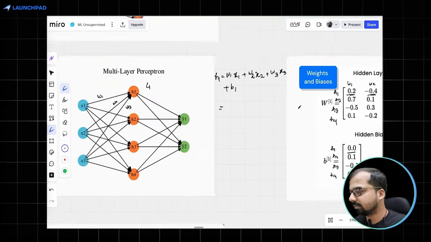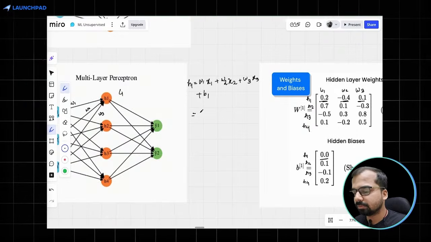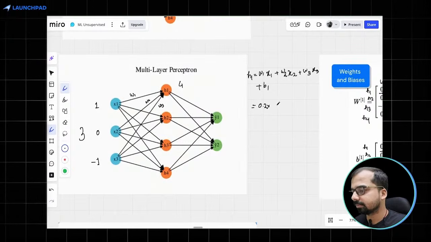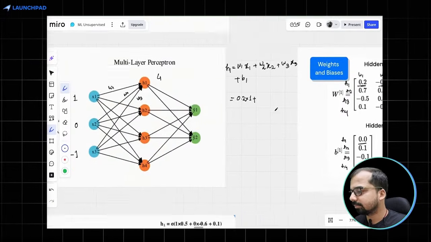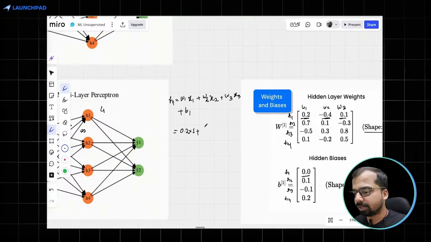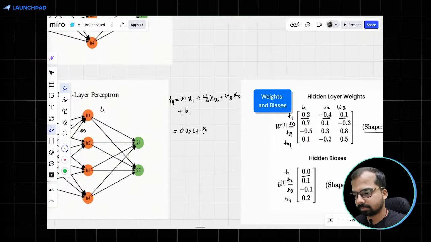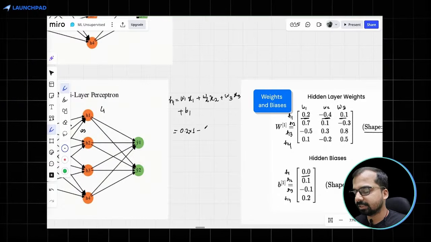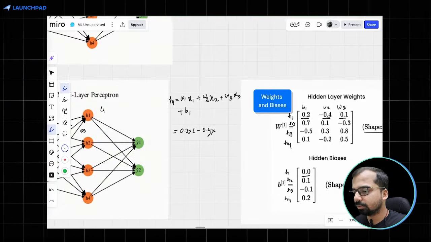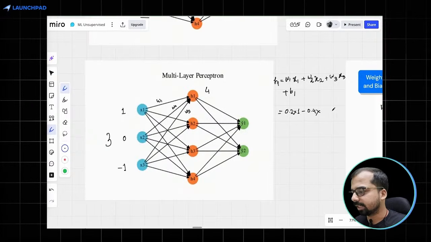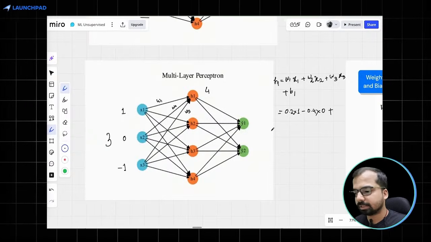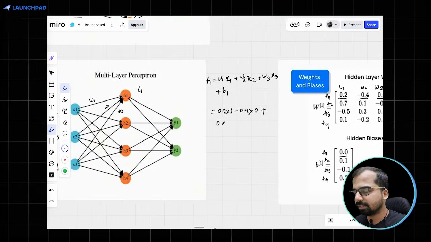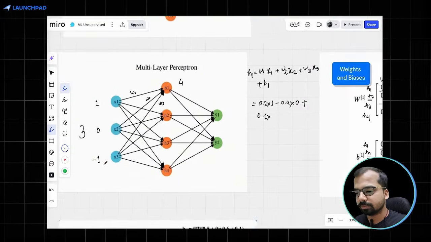W1 is 0.2, so 0.2 into X1, which is 1, plus W2 is minus 0.4 into X2, that is 0, plus W3 is 0.1 into minus 1.